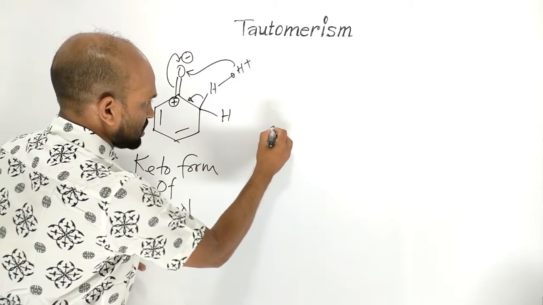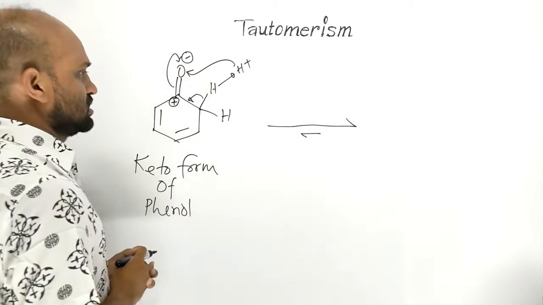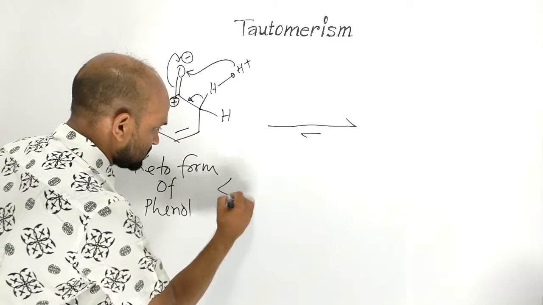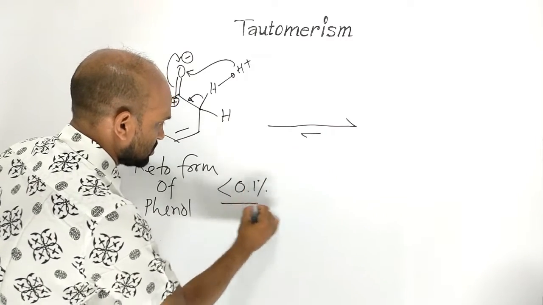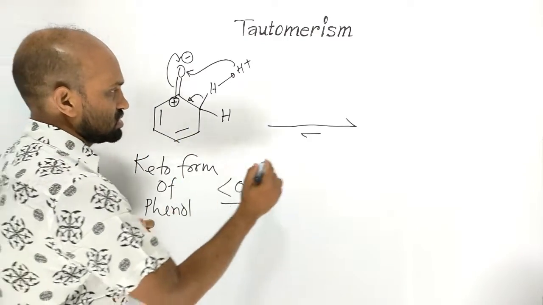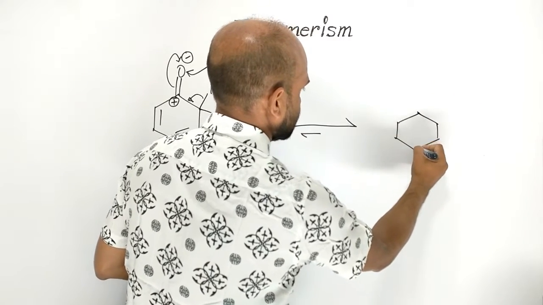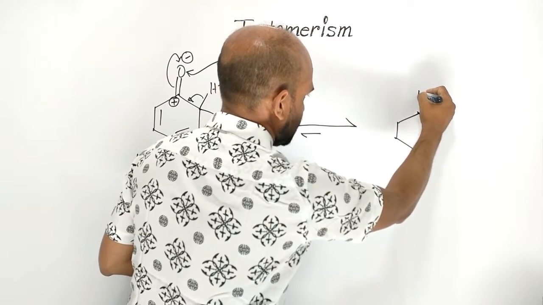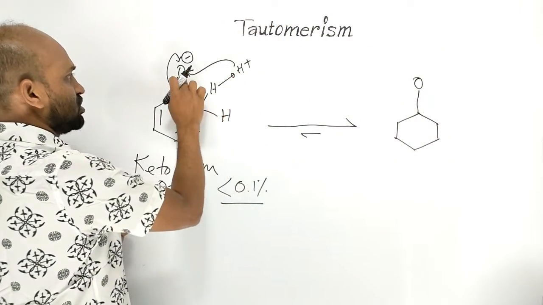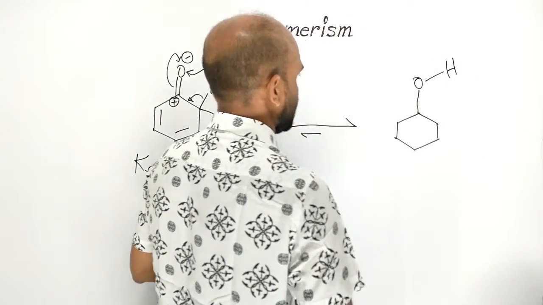Now let's write the compound. Keto form of phenol exists less than 0.1%, which is an extremely small amount. Now the tautomer is this: carbon-oxygen bond becomes single bond. This hydrogen combines with this oxygen. Then alcoholic group is formed.